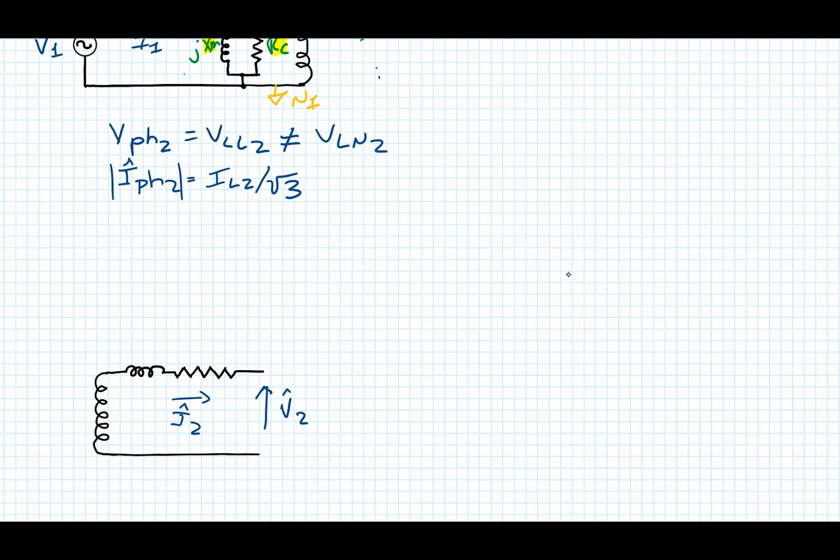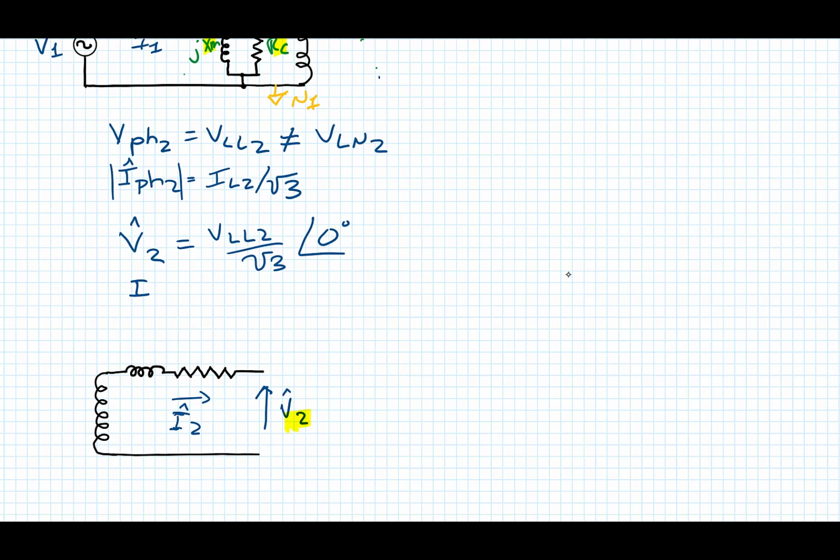Let's say that we know something about the load impedance that this transformer is feeding. We can just establish this to be our reference. We know the magnitude, so we know that V2 is going to be equal to V line to line 2 divided by square root of 3. And we can just say, let's reference that at 0.